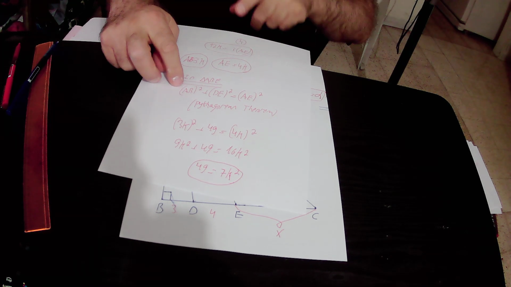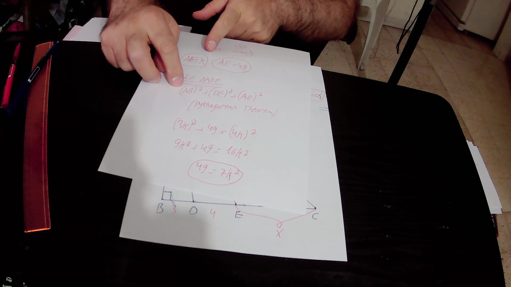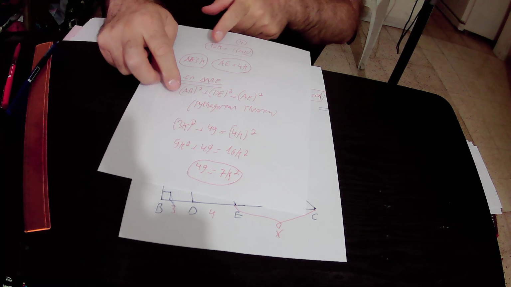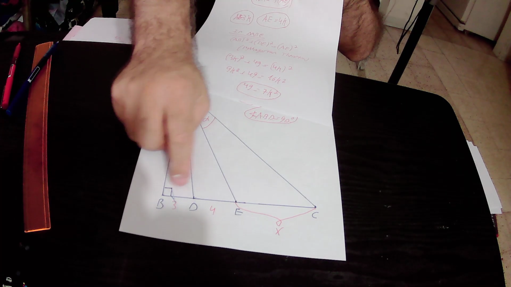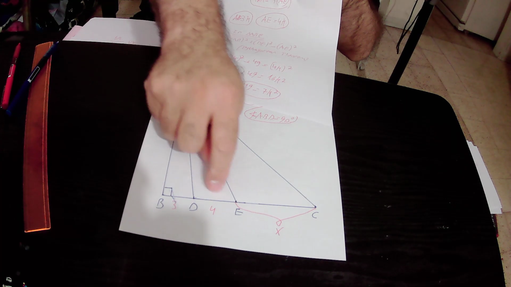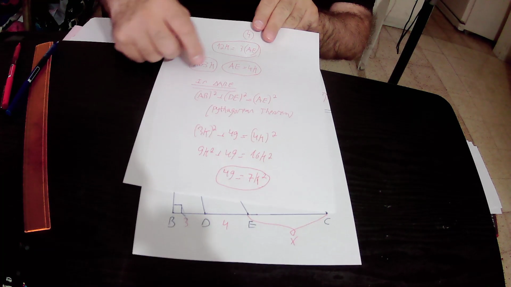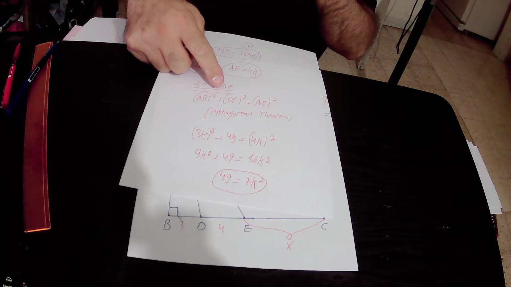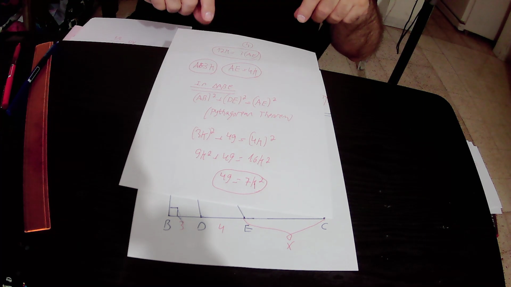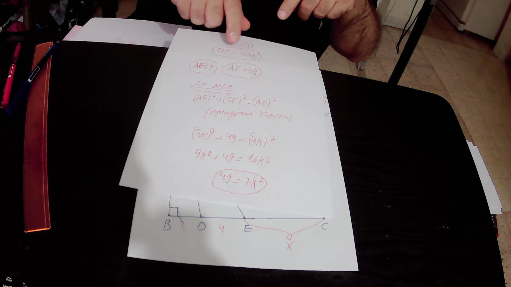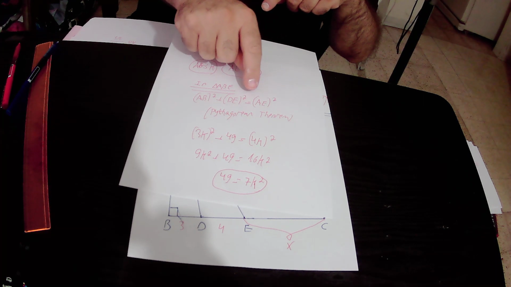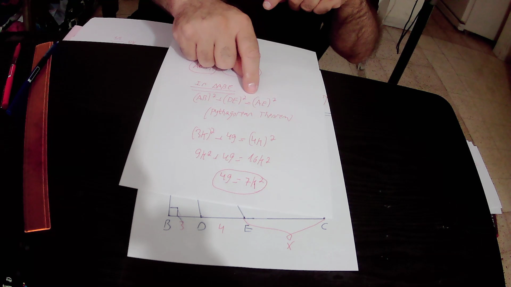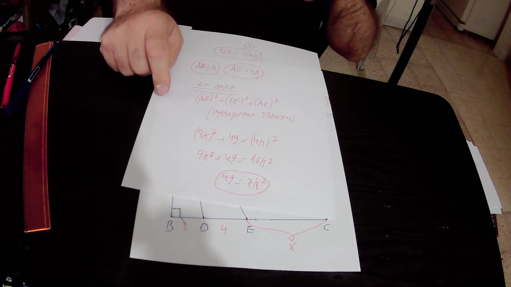But we have already found out that AB equals 3K, so we substituted AB by 3K, and BE equals 3 plus 4, that is to say 7. So BE square will be equal to 7 squared, that is 49, and AE equals 4K, so AE square equals 4K square.